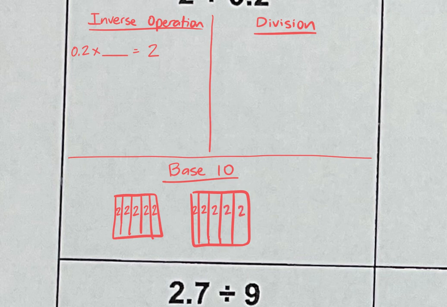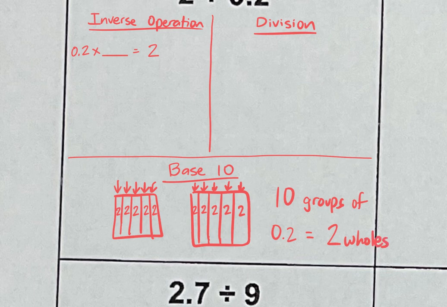So now, how many groups of 2/10 do we have to make 2 wholes? Well, we have 1, 2, 3, 4, 5 here, and then we have 6, 7, 8, 9, 10. So we have 10 groups of 2/10, and that equals 2 wholes.